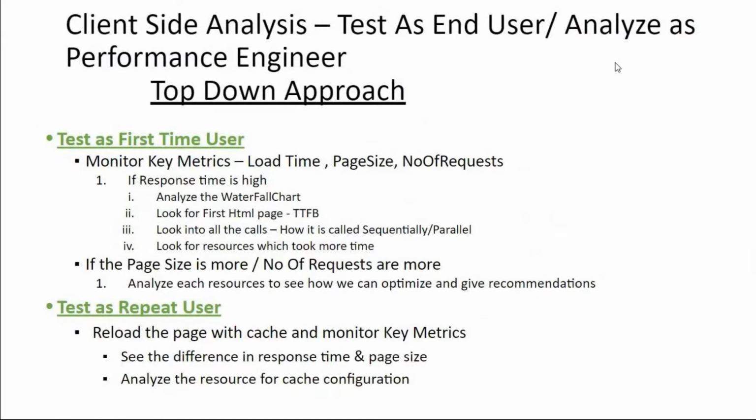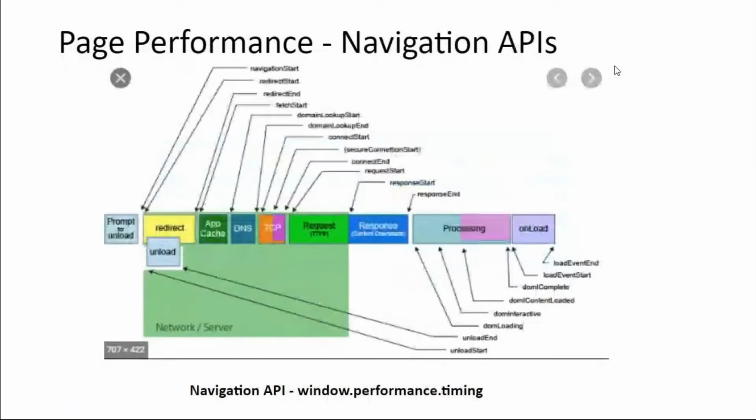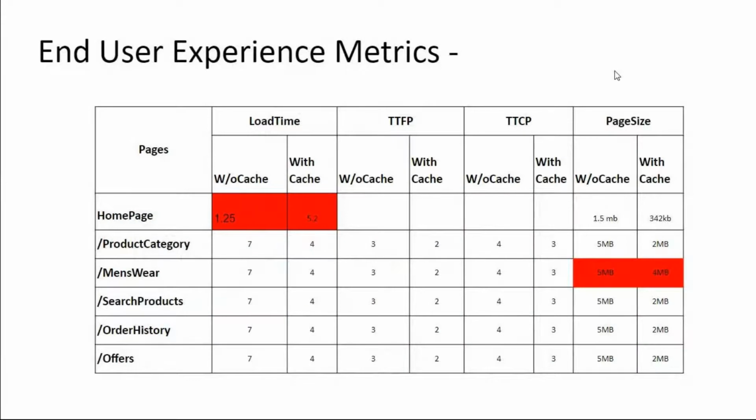We'll try to test it as a first time user and repeated user, try to learn paint APIs, navigation APIs, end user experience metrics, how to report the end user experience for various pages, the time to first paint, time to contentful paint, load time, page size, with cache, without cache.